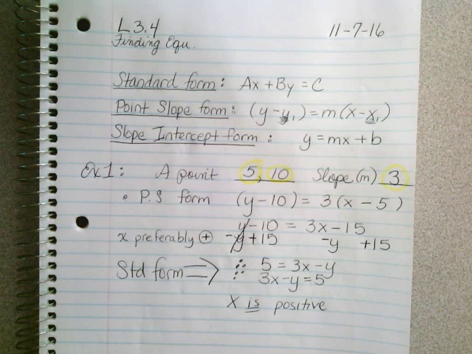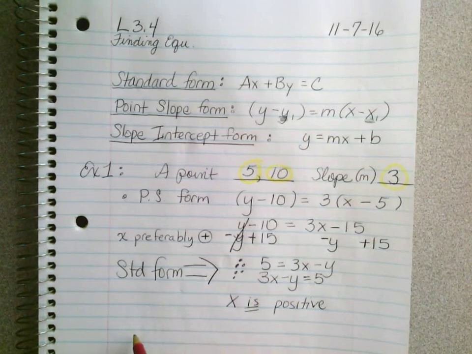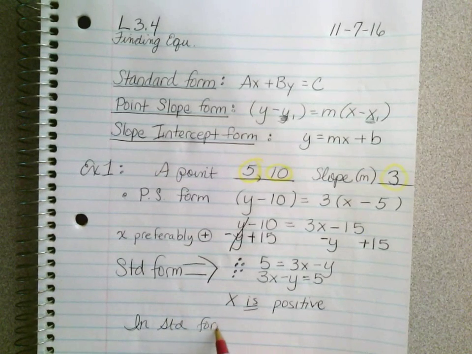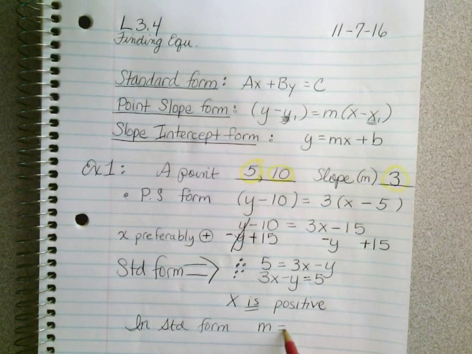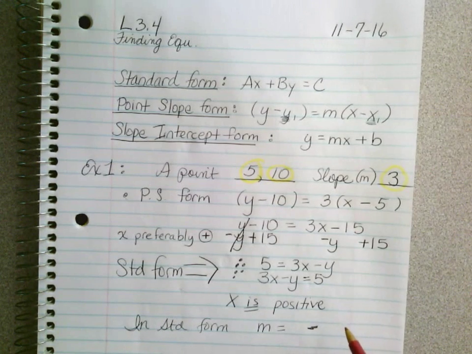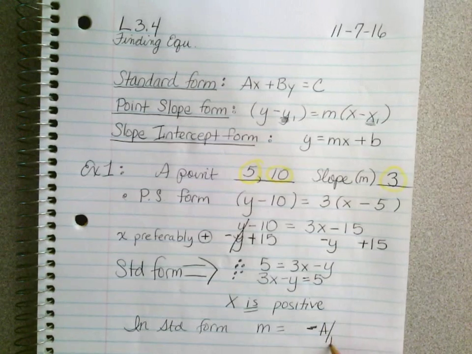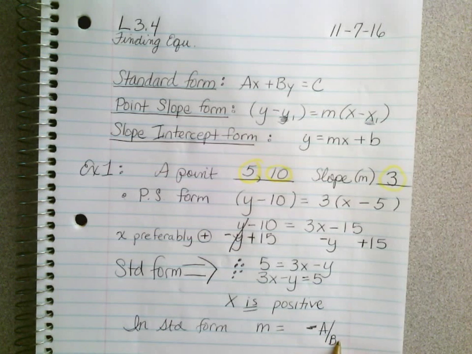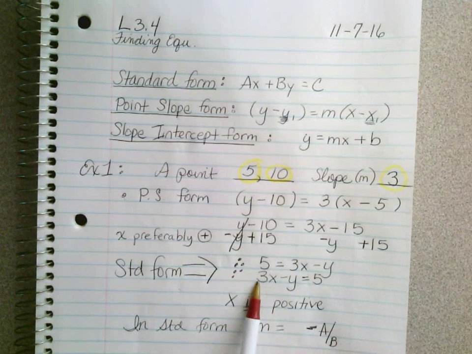Now, another way to check yourself is to take standard form. M is the opposite of A over B. That is, the slope is the opposite of A over B. A is the 3.